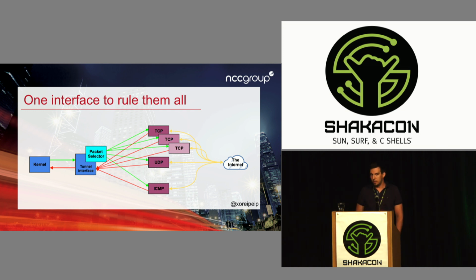The other really cool stuff about this, it uses only one interface. So back in time when you used different solutions, for example, Iodine and ICMP-TX and OpenVPN, each solution set up a different interface on your Linux or Windows box, right?